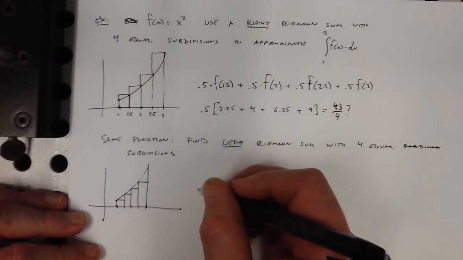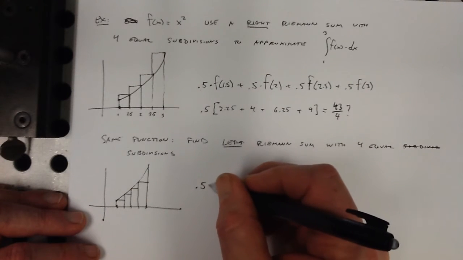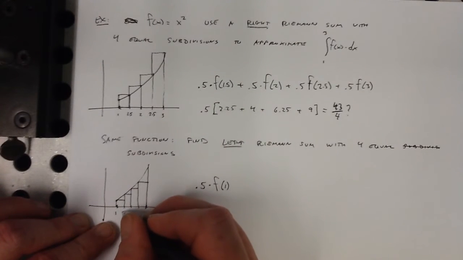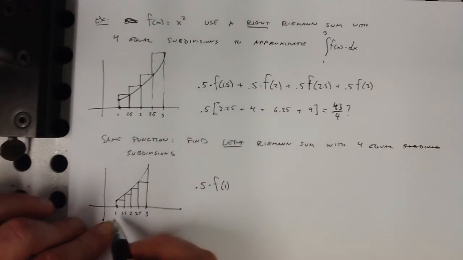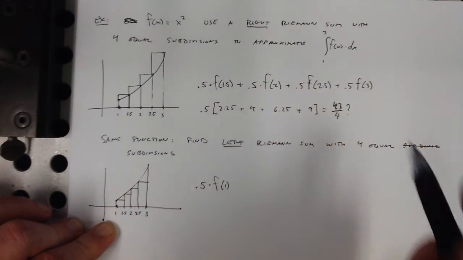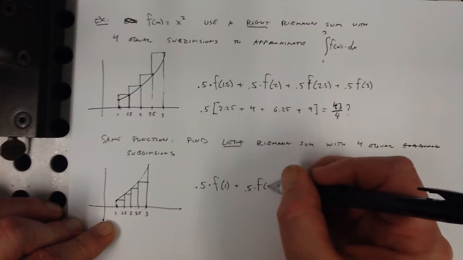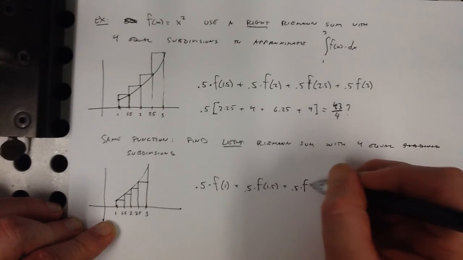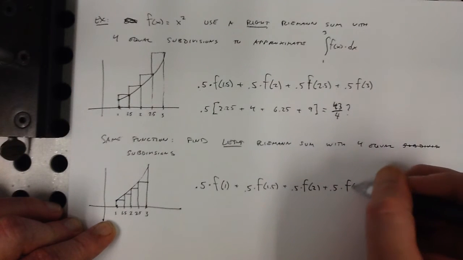And you notice that the setup's really similar. It's 0.5 times f of 1 this time, right? This is 1, 1.5, 2, 2.5, and 3. So now I'm going to use the left. And the rest of the terms are going to be the same, right? Except we're not going to have that last one. So plus 0.5 times f of 1.5 plus 0.5 times f of 2 plus 0.5 times f of 2.5.